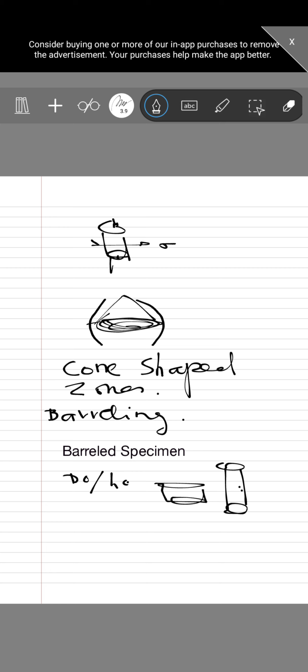And there is a practical limit, and that limit used is 0.5. One could argue why not go lower than this, but below this limit the specimen buckles instead of getting barreled.